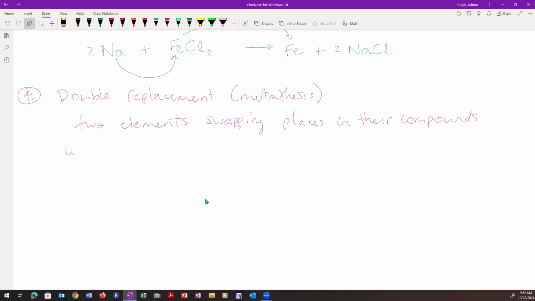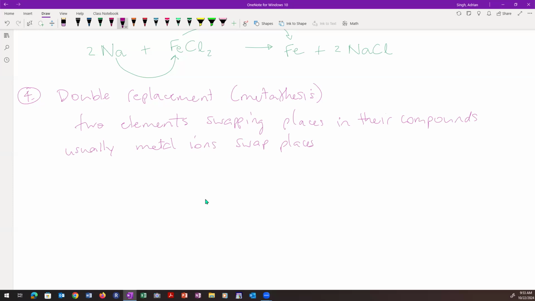And usually what we're going to see is that these elements are the metals, usually metal ions, swapping places. There are other examples that you might come across, but this is the most common example that we're going to encounter.